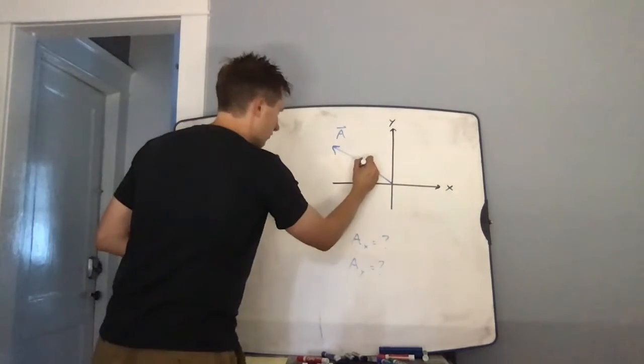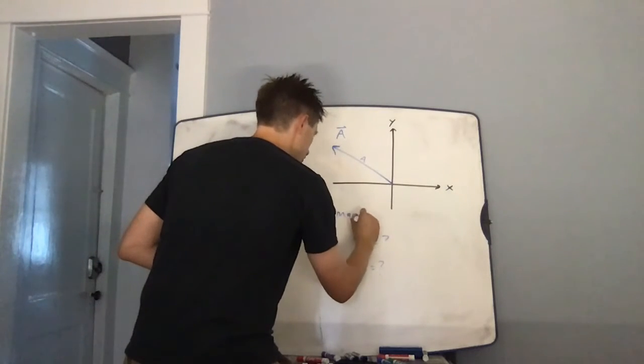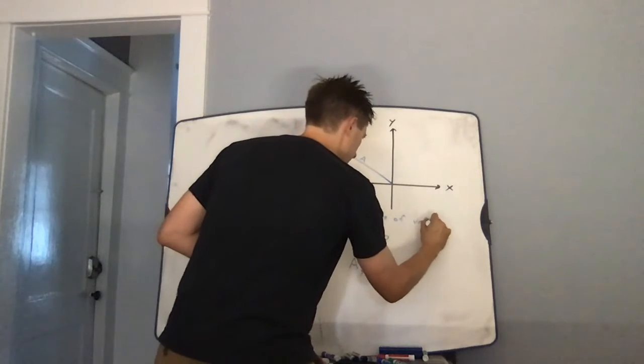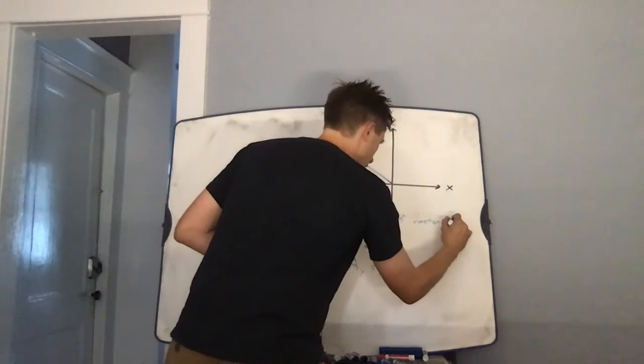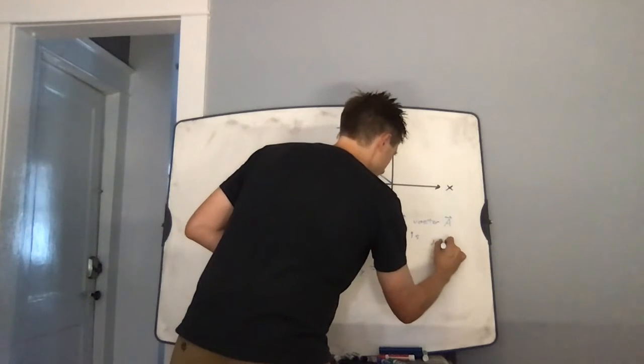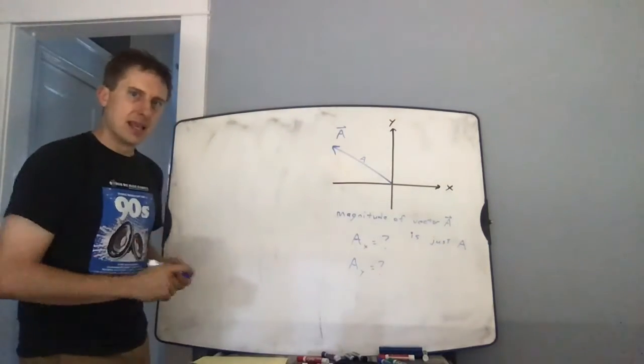So the magnitude of vector A with the arrow hat is just written as A without the hat.